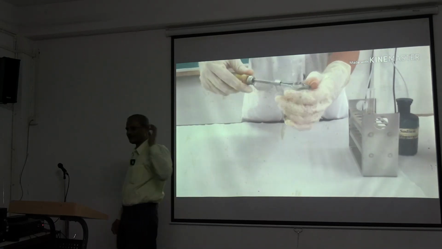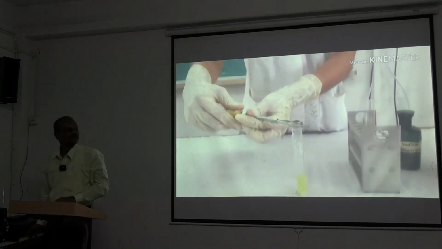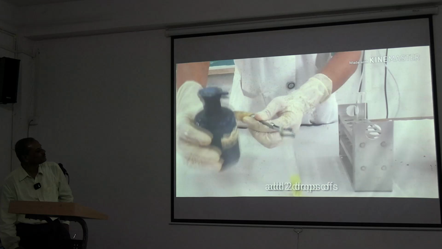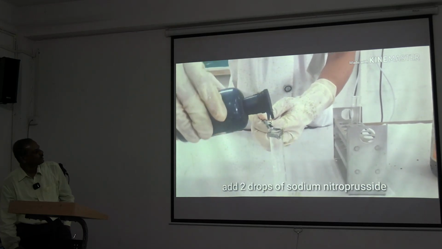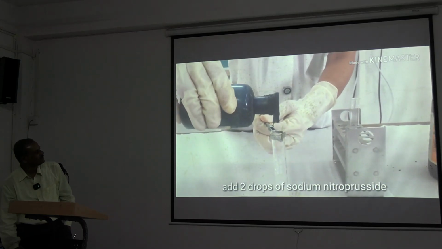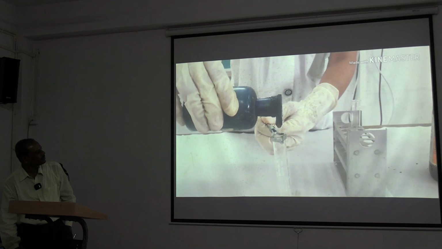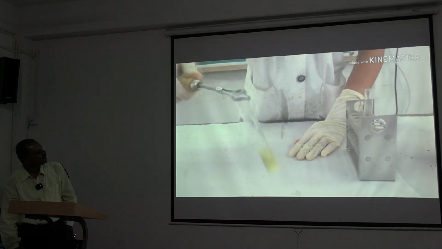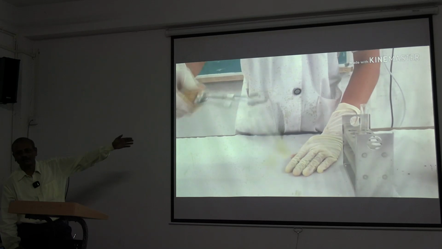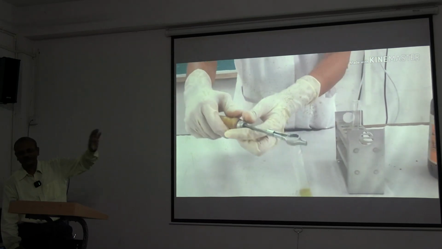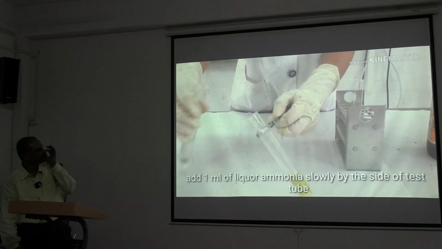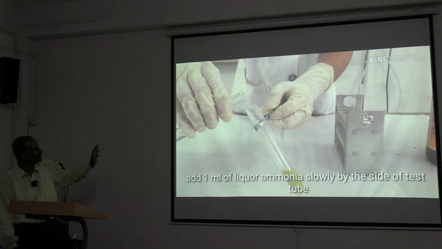So that yellow color was basically urine, it was saturated. Now he is adding 2 drops of sodium nitroprusside solution. You can use a dropper also or 0.5 ml. Now you see the color, how you mix it. You need not require a test tube because this is synthetic urine. It is not actual urine, so you need not use gloves.